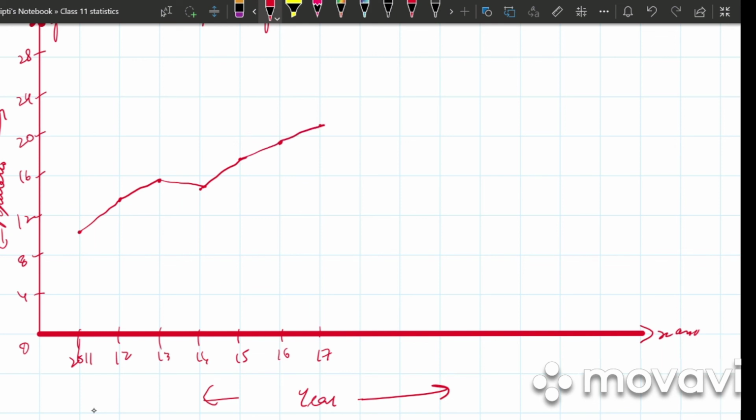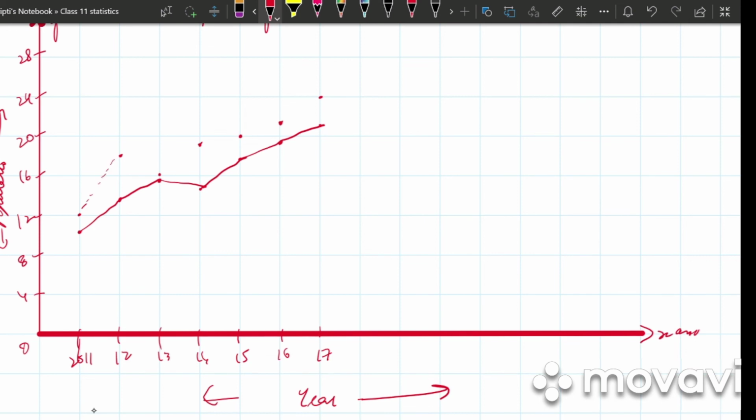And next we have women, 12, 18, 16, 17, 20, 22 and 24.